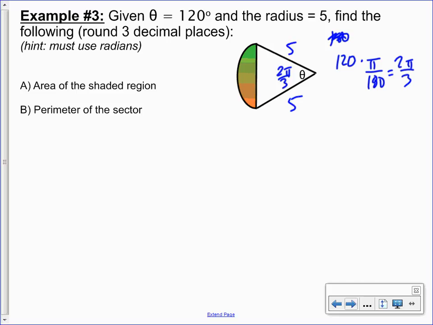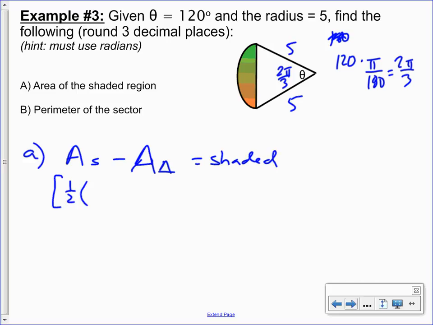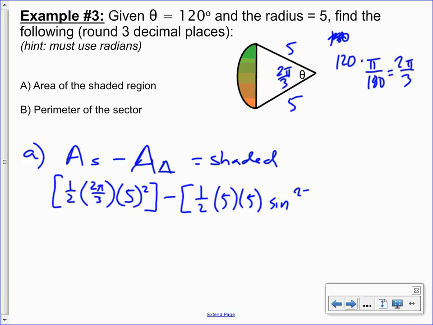Okay. Here we go. It's the same thing. It's the area of the sector minus the area of the triangle equals the shaded part. So, half theta times r squared minus half 5 times 5 sine 2 pi over 3.